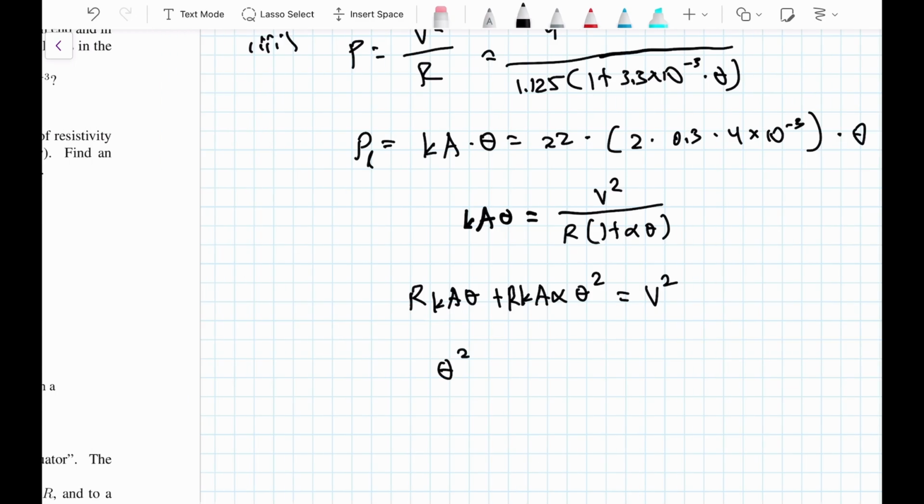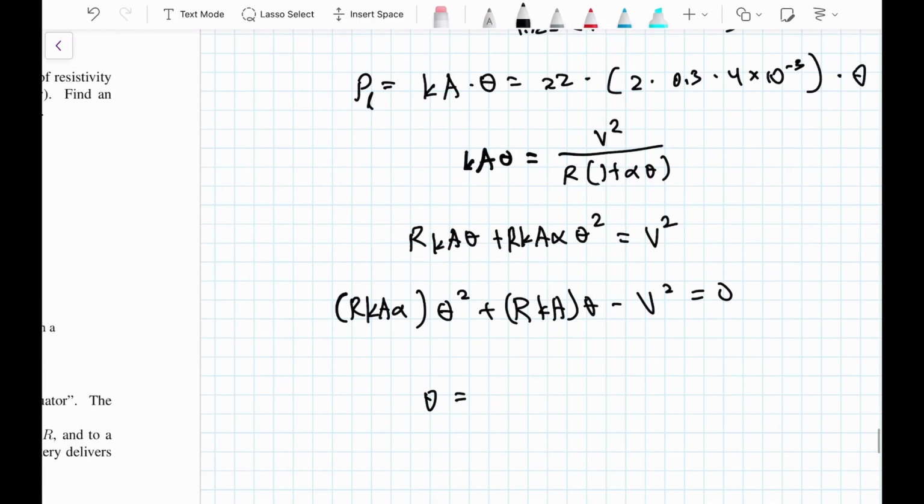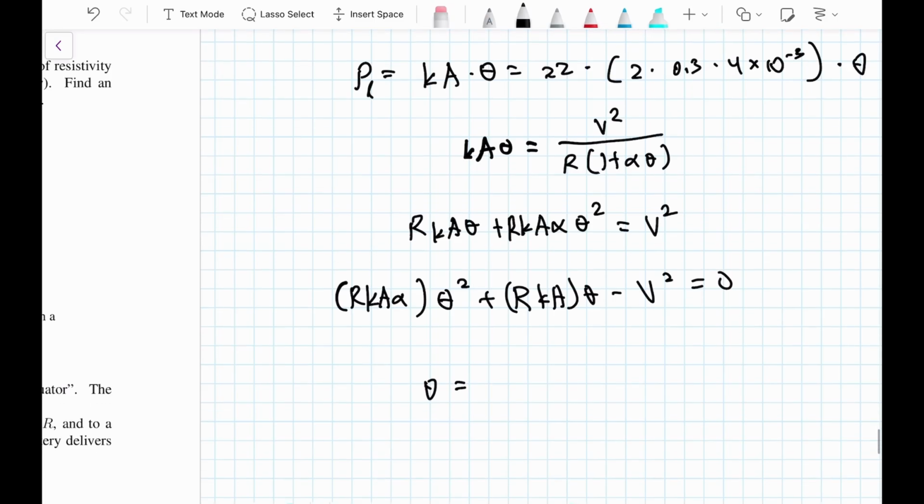So we have RKA alpha theta squared plus RKA theta minus V squared is equal to 0. So theta should be equal to, first of all, it shouldn't be a negative number, so we can just assume the plus.